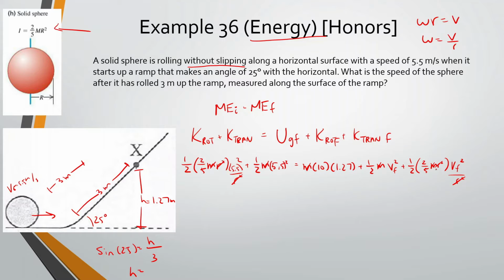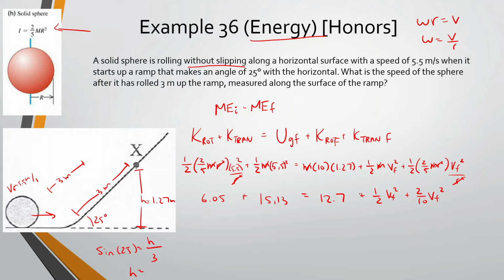All right, now let's do some algebra. 1/2 times 2 divided by 5 times 5.5 squared. What we get is 6.05 plus 5.5 squared times 0.5, 15.13 is equal to 12.7 plus 1/2 v final squared plus 2/10 v final squared.